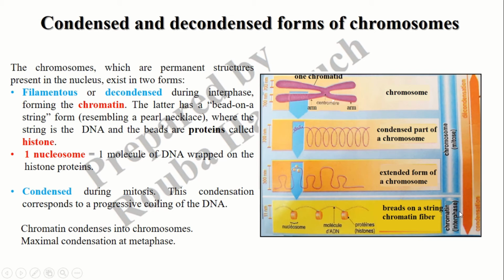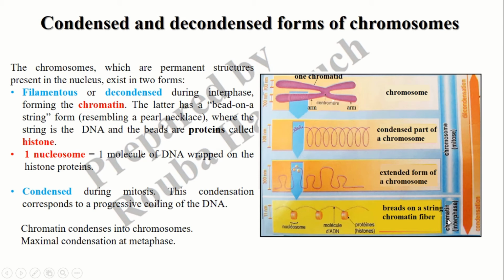So during interphase, the chromosomes are in the form of chromatin. The chromatin appears like a bead on a string. The DNA molecule is the string or the filament, and the pearls are the nucleosomes. The nucleosomes contain proteins called histones.